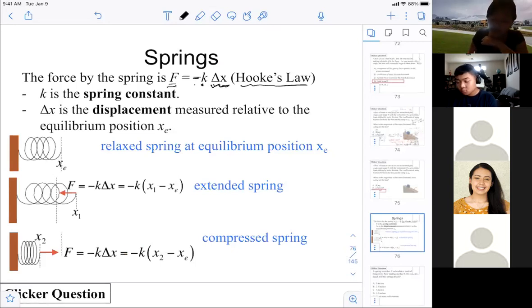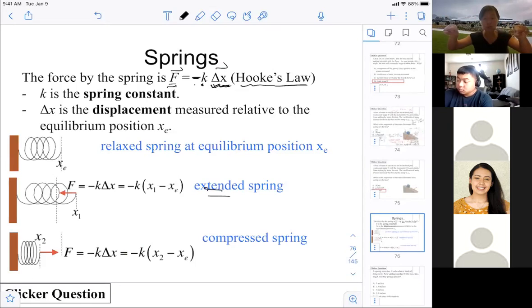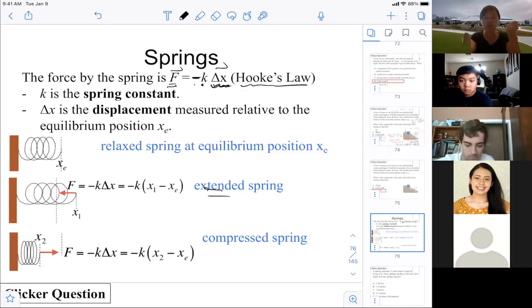The negative sign here in Hooke's law is showing this force is always opposing the stretch, always in the opposite direction of the displacement of the spring. So for example, when you try to extend the spring, you are dragging your spring to the right, but the spring is trying to pull you back. So the force will be to the left. Therefore, when we write them as vectors, you would need this minus sign, okay?